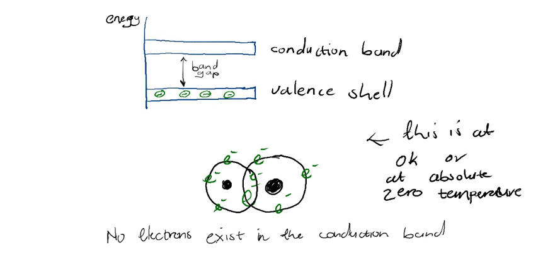As I've already said, electrons can only exist within certain energy bands. This one is the valence shell energy band, and we know for a silicon crystal we have 4 electrons in that shell.